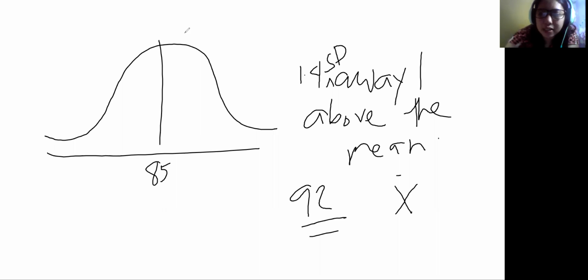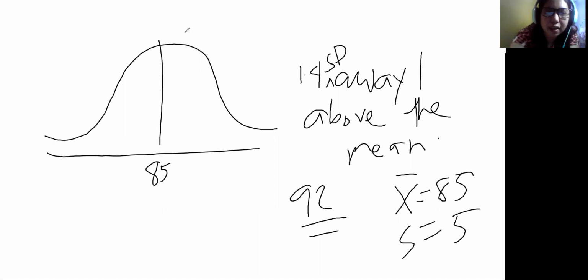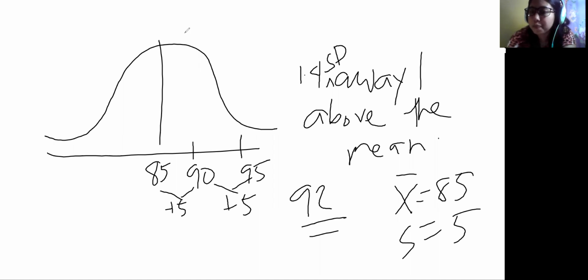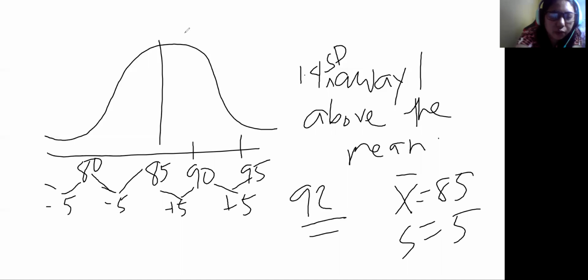If the mean is 85 and the standard deviation is 5, it means that one standard deviation from the mean is 90 and then 95. You will just add plus 5 because the standard deviation is equal to 5. On the other hand, if we move back, this is minus 5. It is 80, minus 5 again is equal to 75.